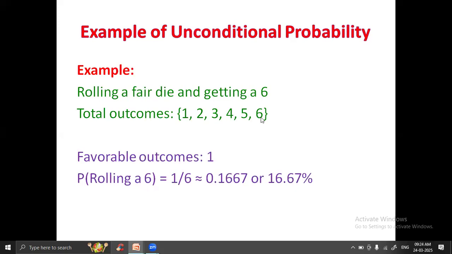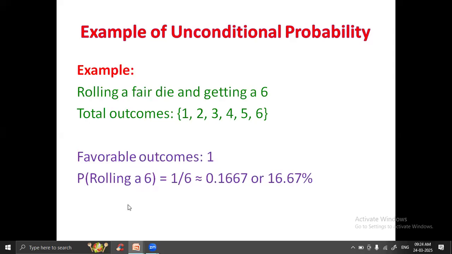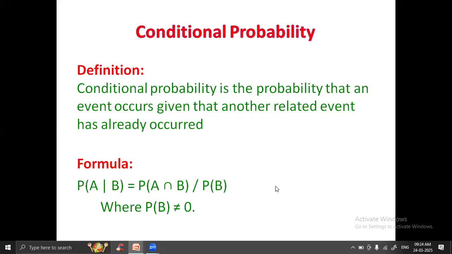So the probability of rolling a 6 is given by 1 by 6, and the value is 0.1667 or 16.67 percent.